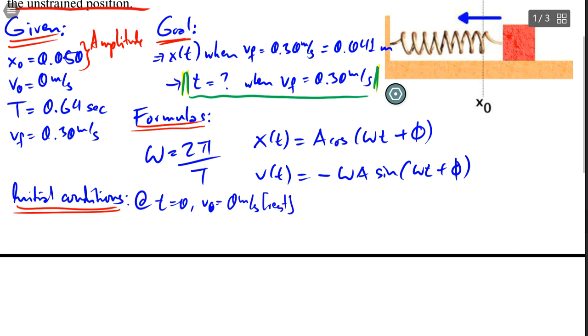I'm going to use this velocity equation, which is very conveniently right here, at v of 0, with t equal to 0, to solve for the phase constant. Anything times 0 is 0, and we're told that it's at rest.